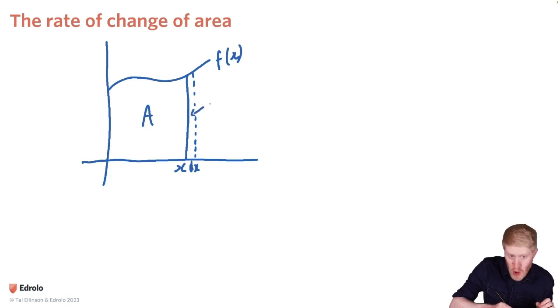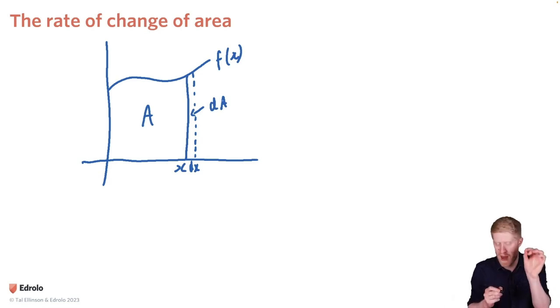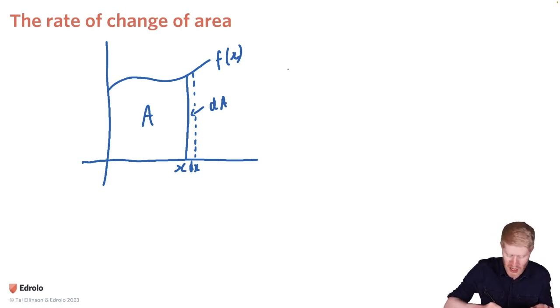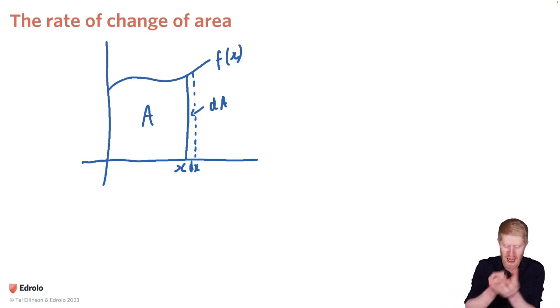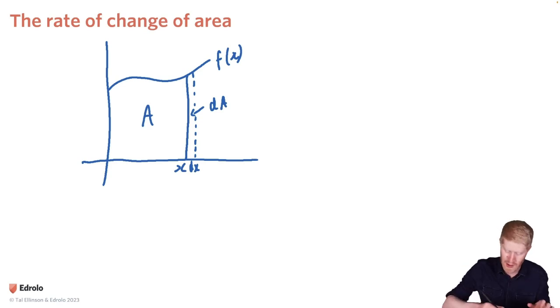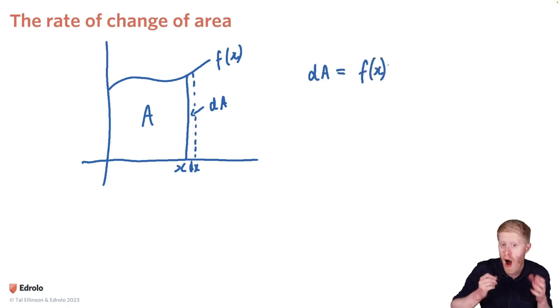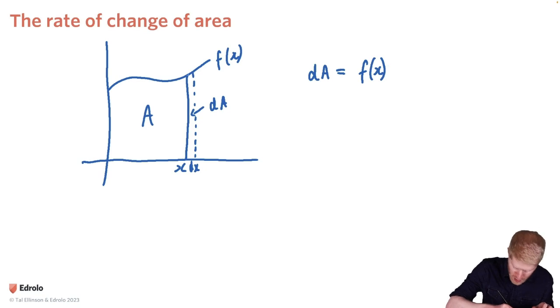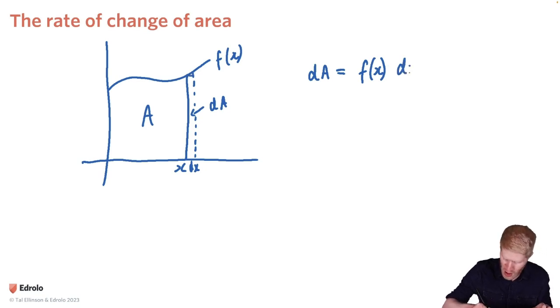This new strip is going to have an area of the nudge that we've made, like the extra area that we've made. And we can try and get an expression for the change in area in terms of the change in x. And we can say the resultant nudge in area is going to equal the function, the height of that rectangle, times the nudge in x.